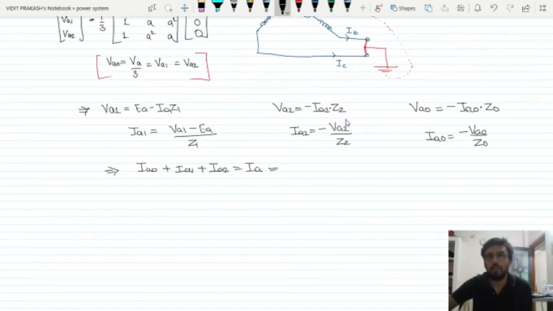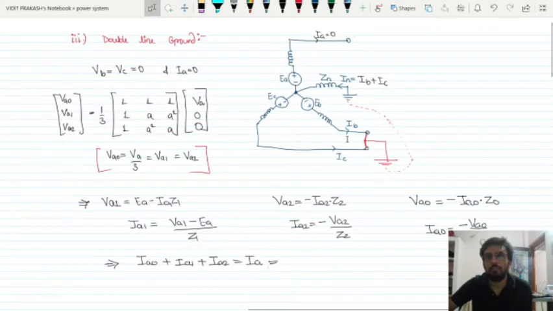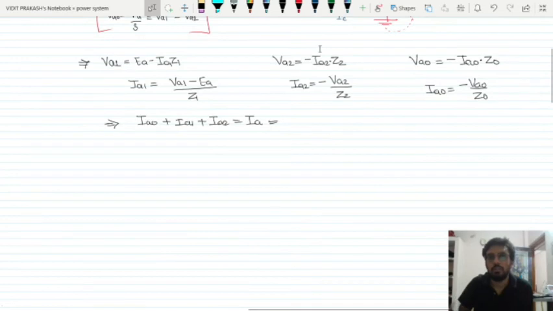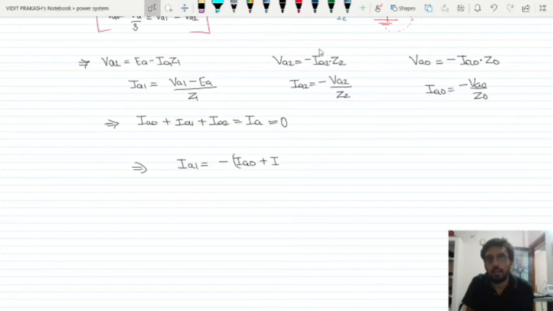And we know if the fault occurs at B and C, there will be no current in IA, so IA will be equal to 0. So this is equal to 0, and we can tell that IA1 is nothing but minus of IA0 plus IA2. Now we'll place the values of IA0 and IA2. What will we get? Minus VA0 divided by Z0 minus VA2 divided by Z2.